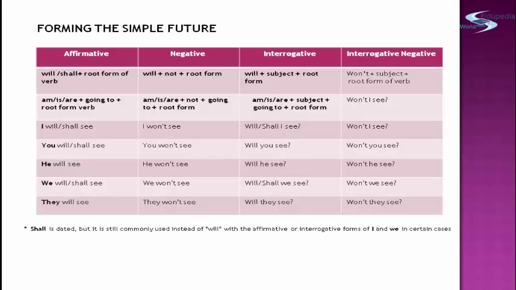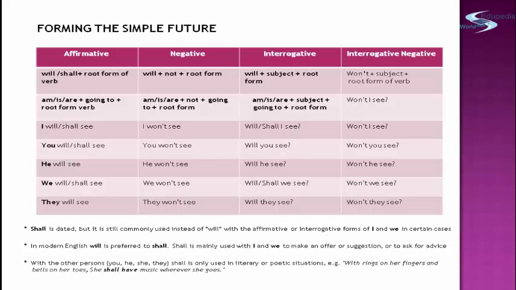Okay. Let us take note that shall is dated, but it is still commonly used instead of will, with the affirmative or interrogative forms of I and we in certain cases. In modern English, will is preferred to shall. Shall is mainly used with I and we to make an offer or suggestion or to ask for advice.